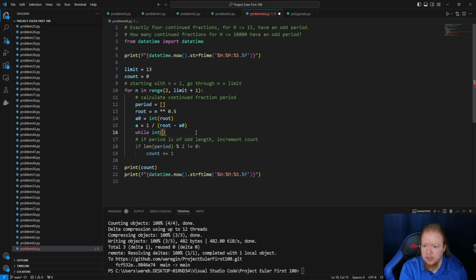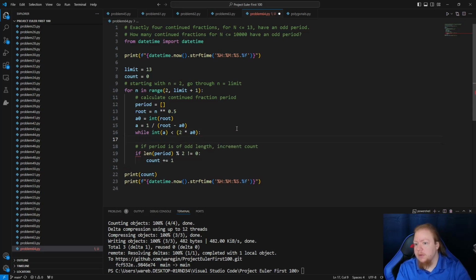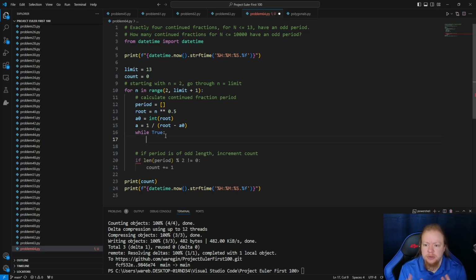And then while int a is less than 2 times A0. Actually, I'm just going to say while true here, making it effectively a do while loop. So while true, I'm just going to do period dot append a.